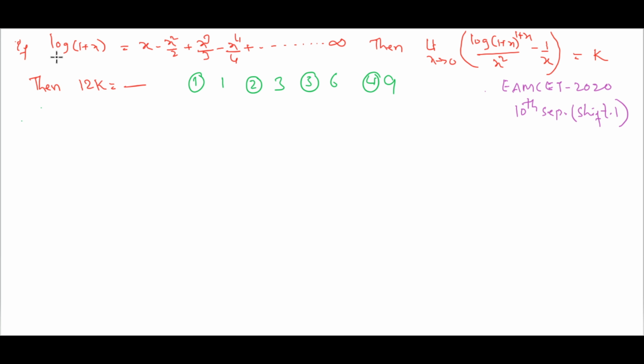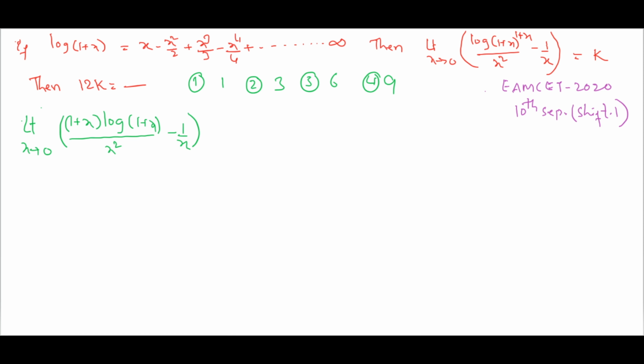Here log of 1 plus x is given, that is x minus x square by 2 plus x cube by 3 minus x power 4 by 4 plus up to infinity. Therefore limit x tends to 0 of (log of 1 plus x) whole power 1 plus x is written as 1 plus x into log of 1 plus x by x square, minus 1 by x.